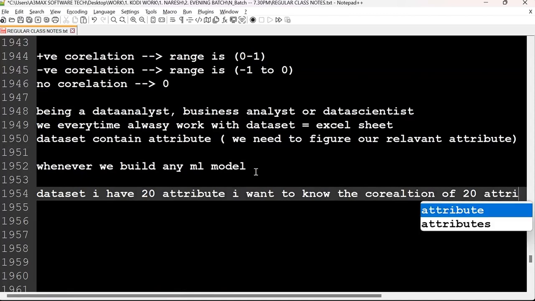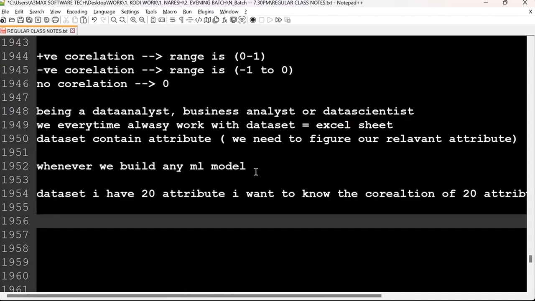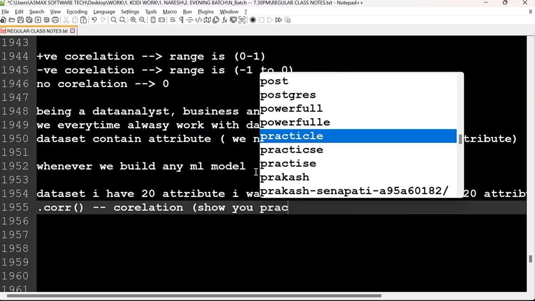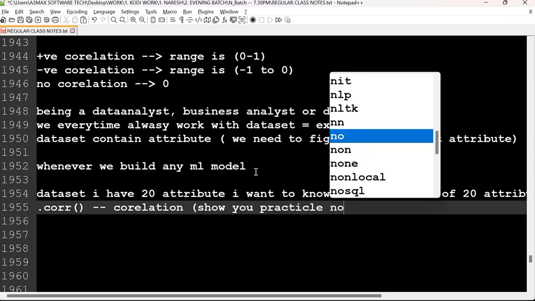In that case you need to apply the dot corr function. Corr means correlation. I will show you the practical now.